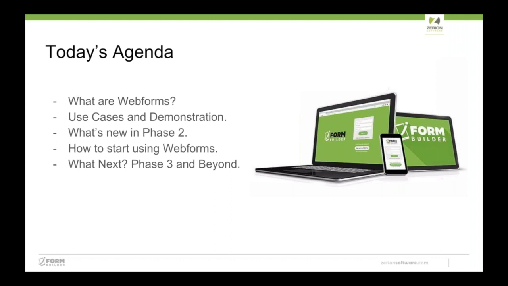By default, it's turned off on everyone's account, but you can turn it on in a variety of ways. And then last, I want to talk about what our future plans are for web forms. We plan on rolling web forms out in 3 phases, and this is the second of 3 phases, which is actually the bulk of the functionality that we're going to be presenting.